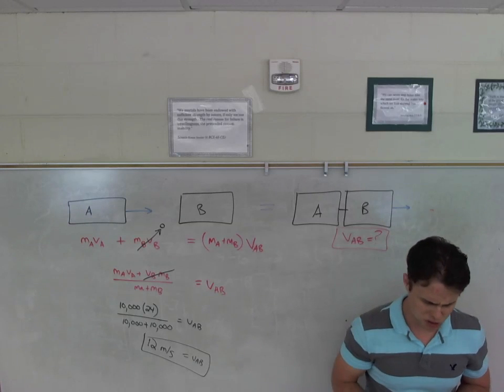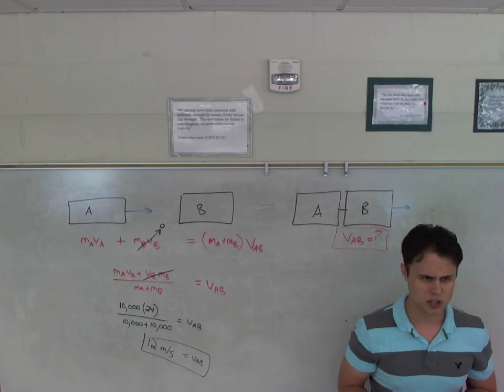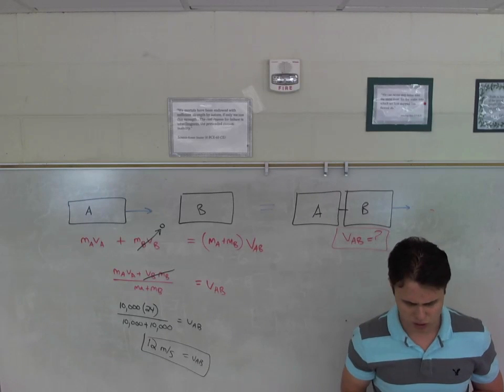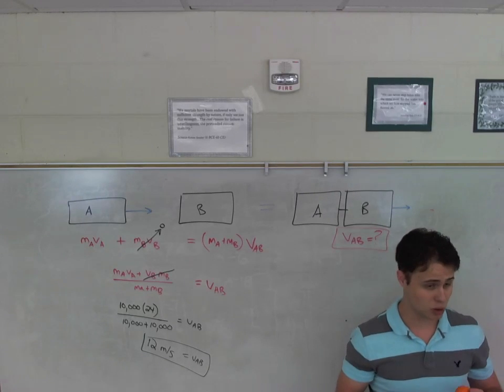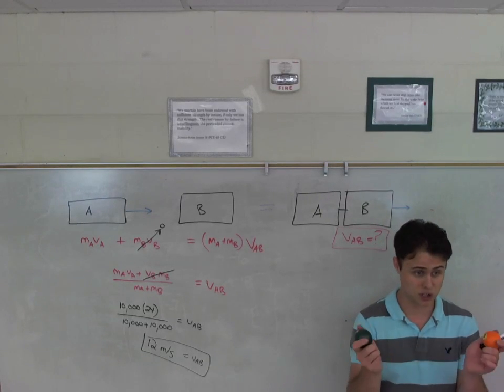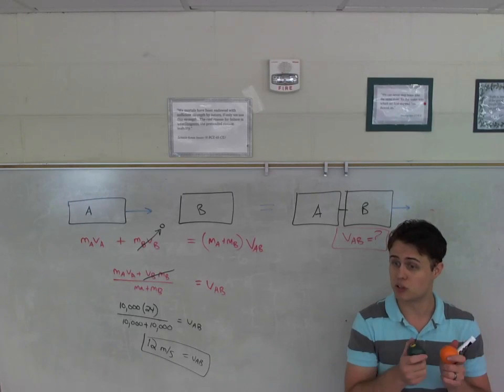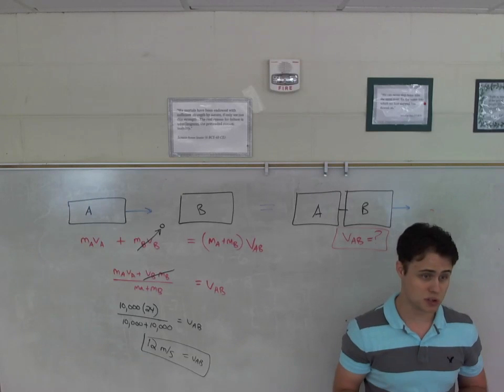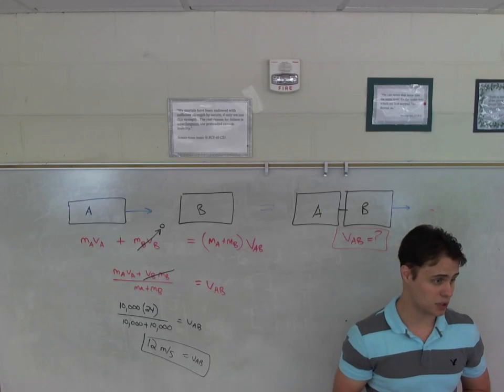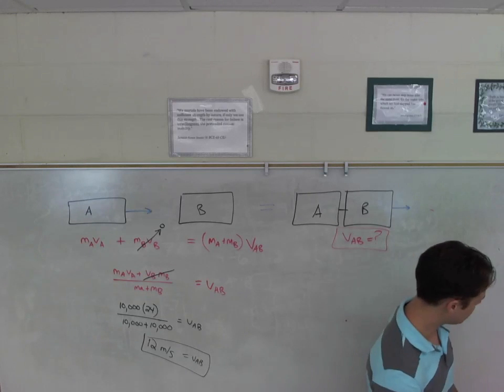And it also said what other situation? Things like explosions, and it goes on to talk a little bit more about that. But my point is, if you have objects that are colliding, you probably want to apply momentum, okay, rather than like forces, kinematics, and some of the other stuff that we'll study or have studied, okay?